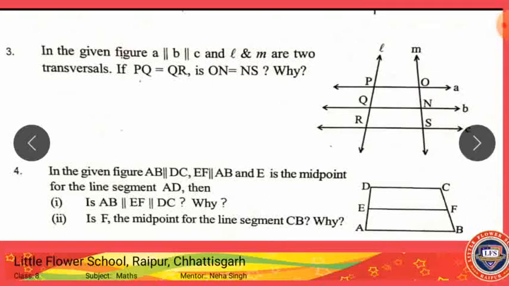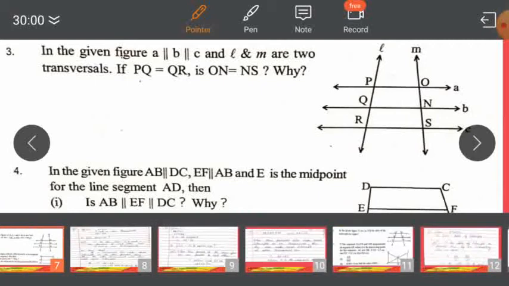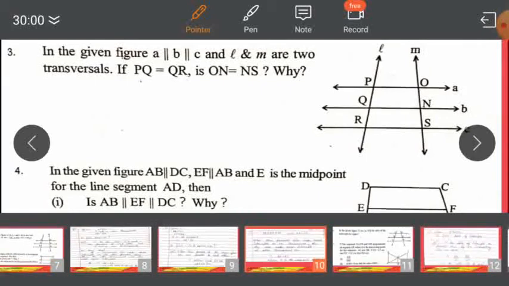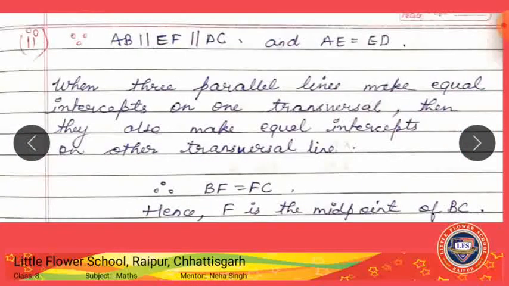Because the three parallel lines make equal intercepts on the transversals, right? So this is the simple solution. You need to write the note: when three parallel lines make equal intercepts on one transversal, they will also make equal intercepts on another transversal. So BF equals FC.